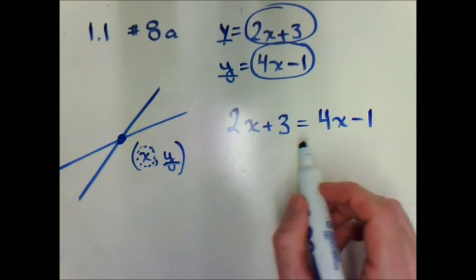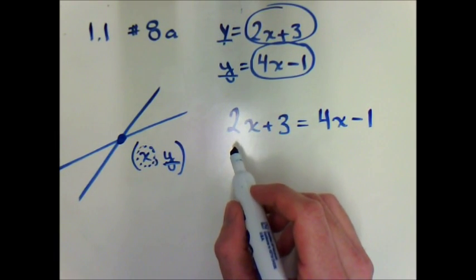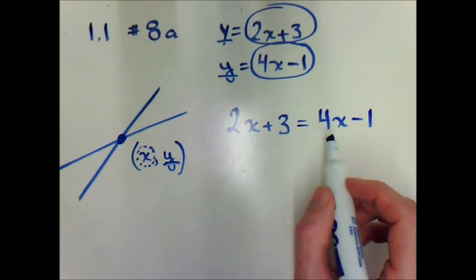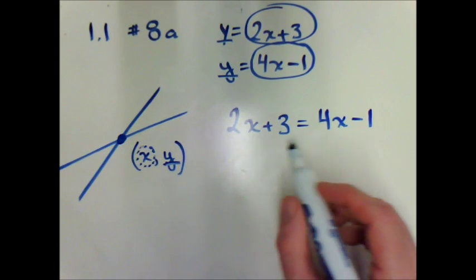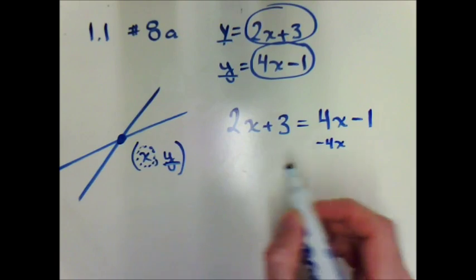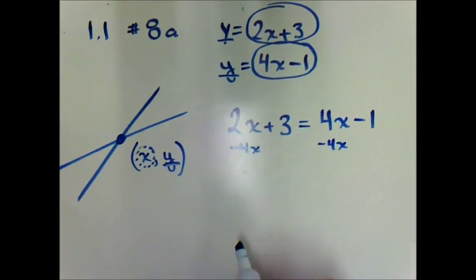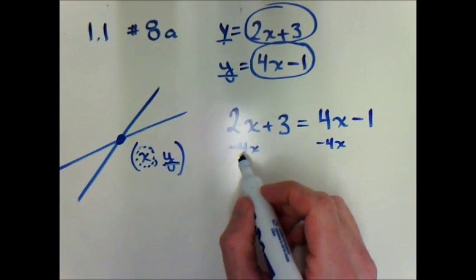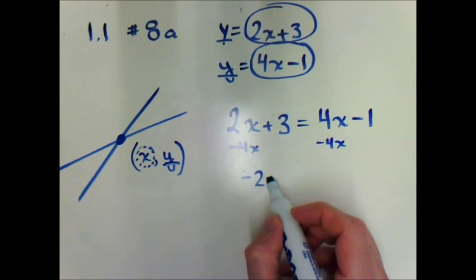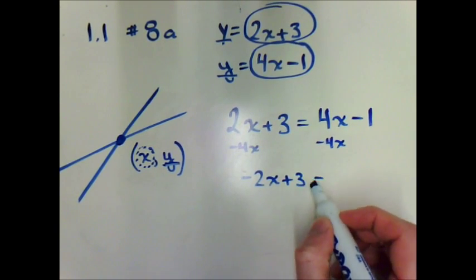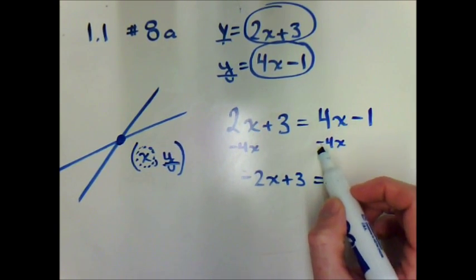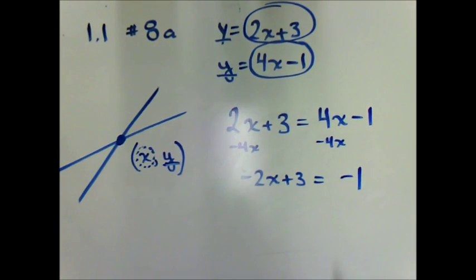So here we go. I'm going to move my things to the left, so I'll subtract 4x from both sides. This side becomes 2x minus 4x, which is negative 2x. And on this side, I have 4x minus 4x, which just leaves me with negative 1.